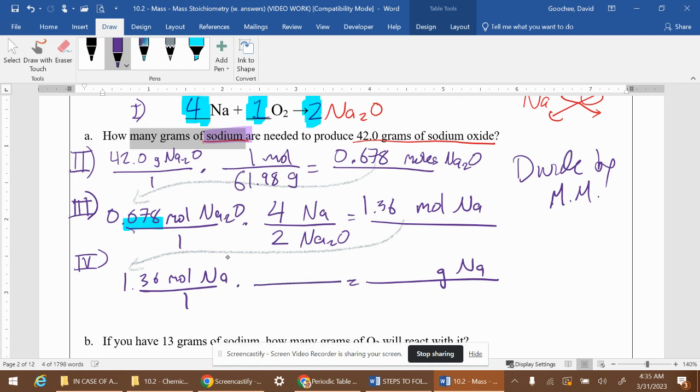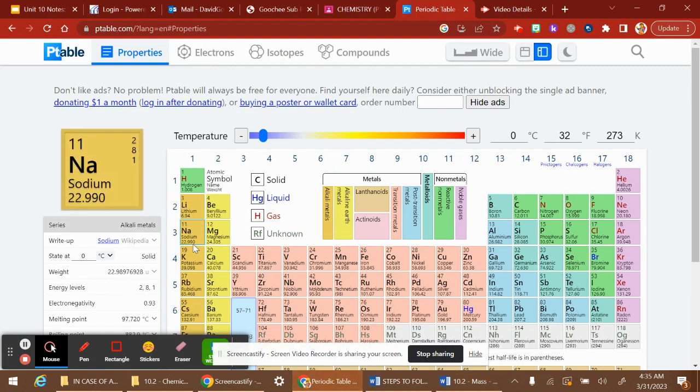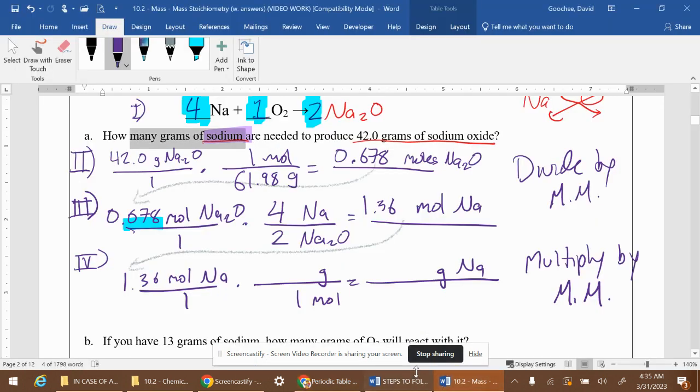So out of moles into grams, you're going to multiply by the molar mass. What's the molar mass of sodium? Well, to the periodic table, it's just 22.99. There it is, 22.99.